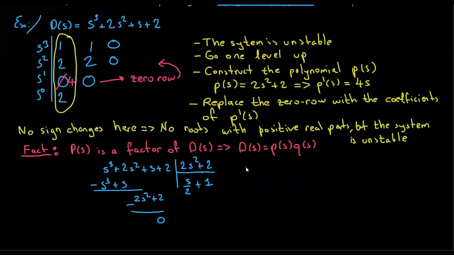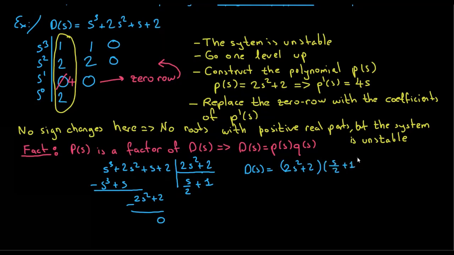So I can write D of s as 2s squared plus 2 times s over 2 plus 1. The corresponding poles are, from here, s1 is equal to plus j, s2 is equal to minus j, and s3 is equal to minus 2.